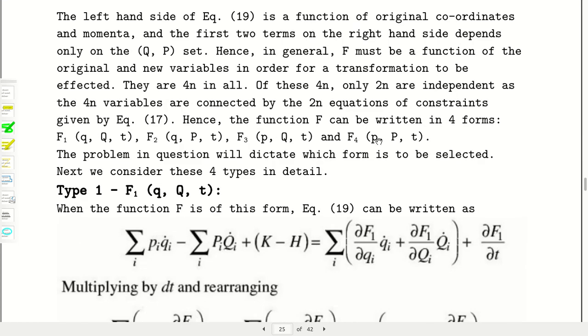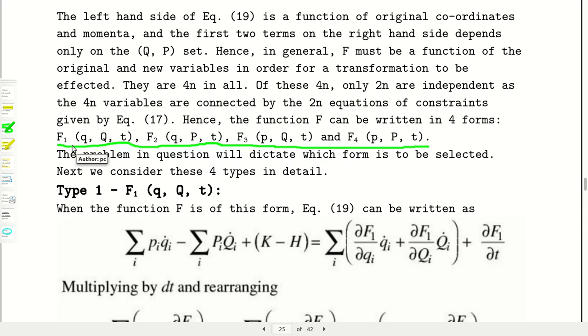So F can be written as a function of small q and capital Q, or a function of small q and capital P, or small p and capital Q, or small p and capital P. So depending upon the sets of independent variables, here you choose the independent variables as small q and capital Q. In this case you choose the variables as small q and capital P. So 2n variables are there.